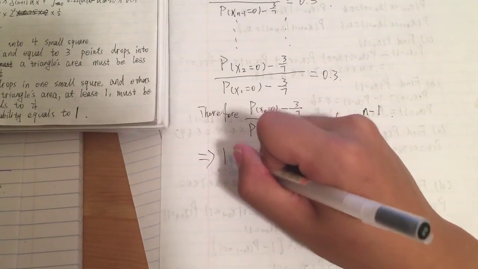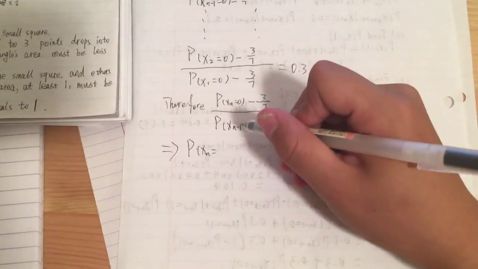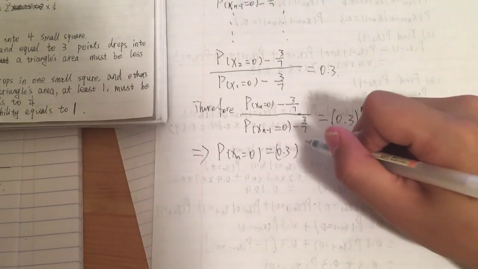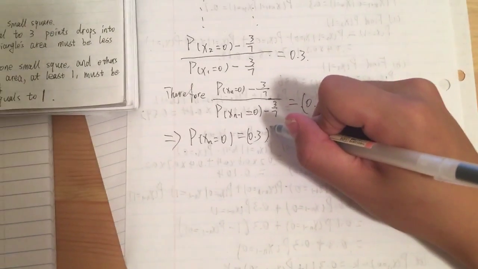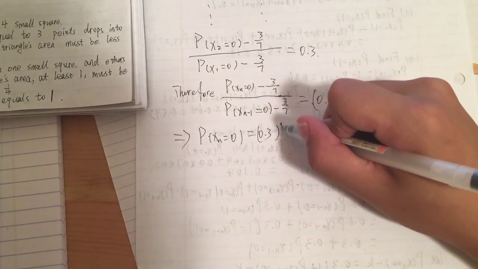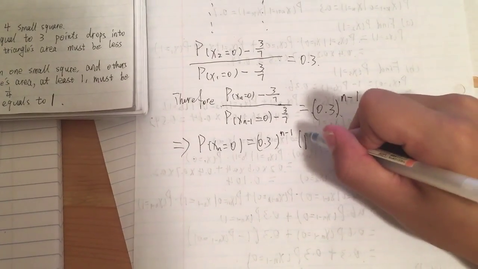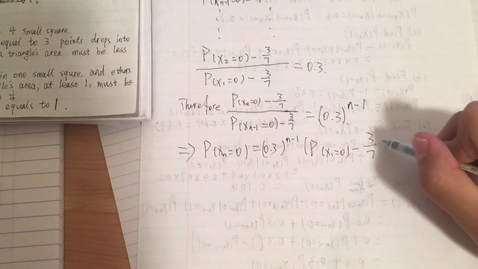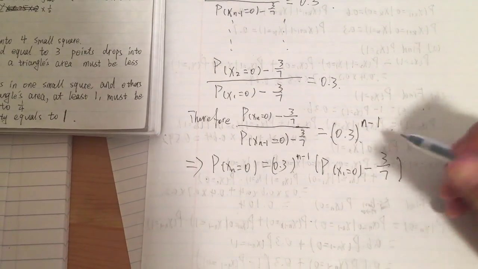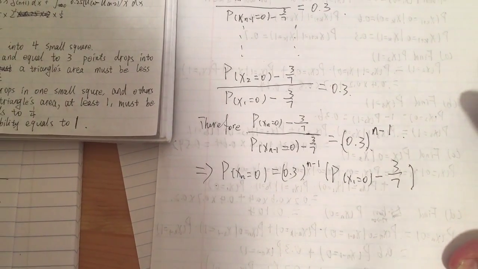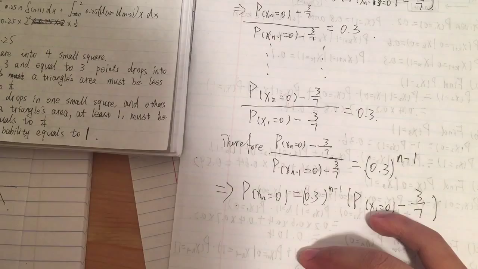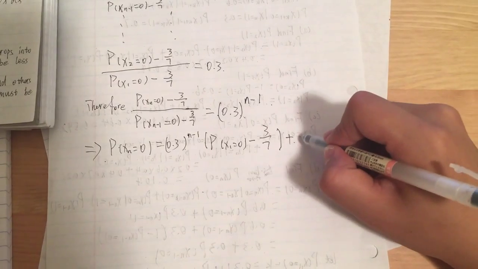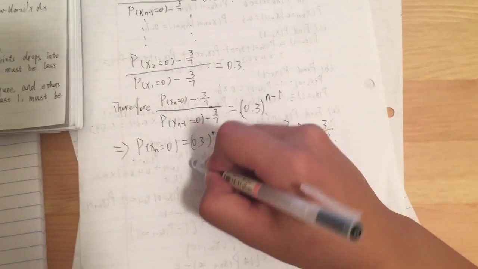So we can get this: P(xn = 0) equals 0.3 raised to the power of n minus 1 multiplied by (P(x1 = 0) minus 3/7), plus 3/7.